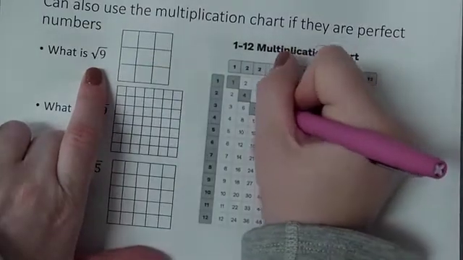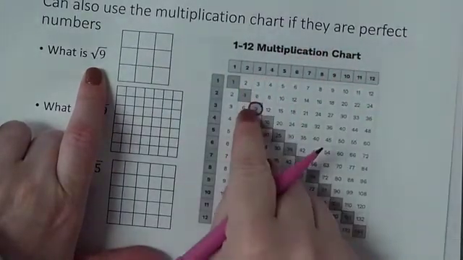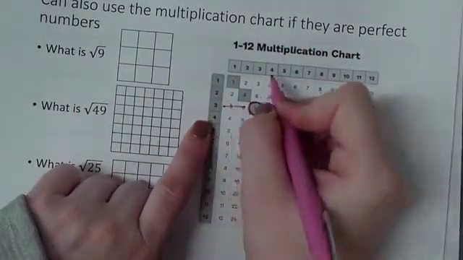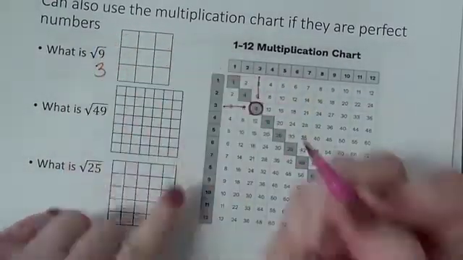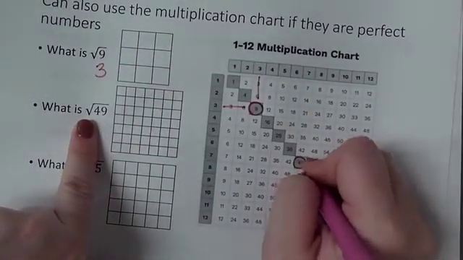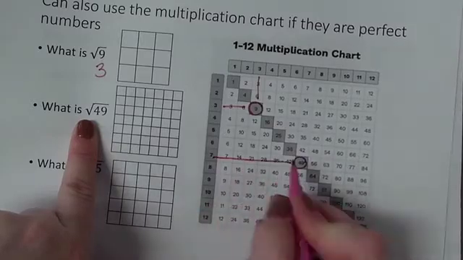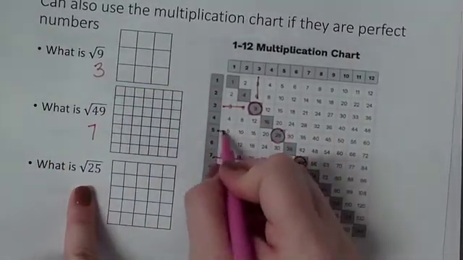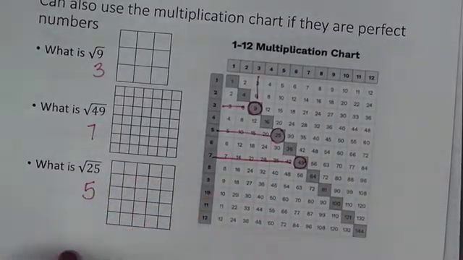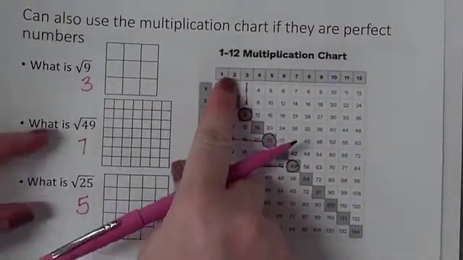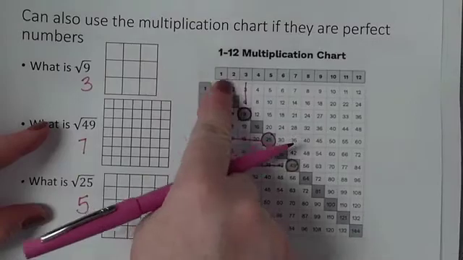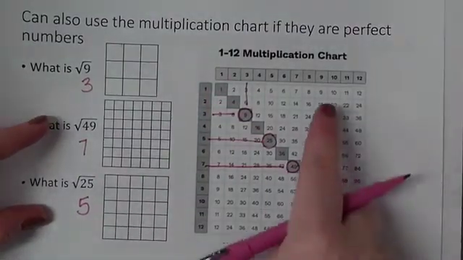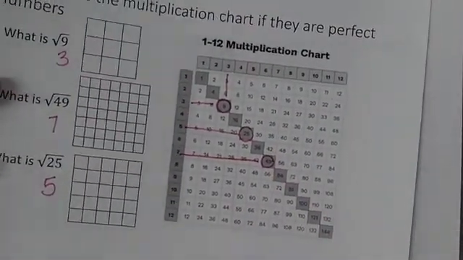The square root of 9 is 3, the square root of 49 is 7, and the square root of 25 is 5. It's those numbers that go diagonally across, because it's the number times itself.